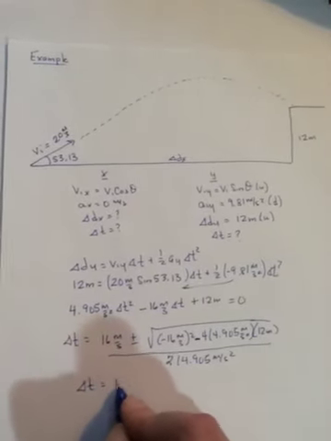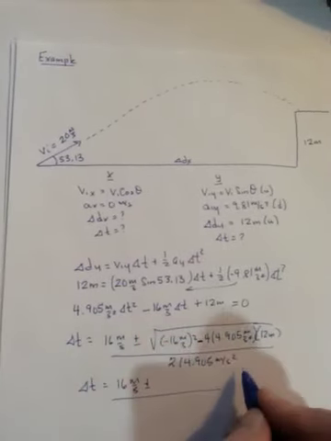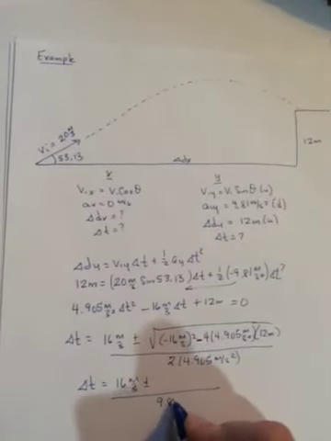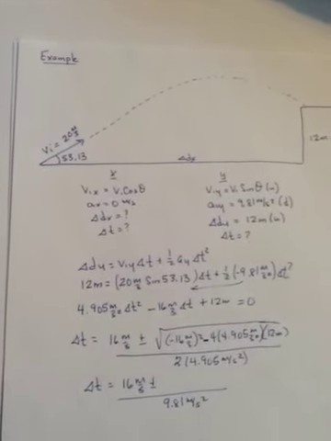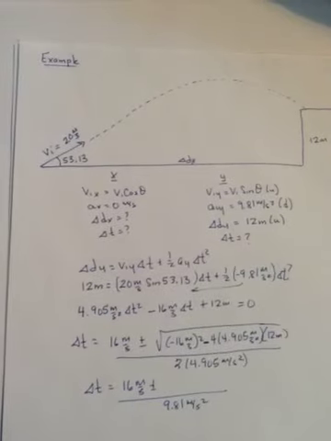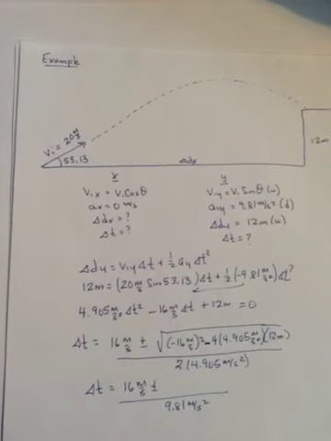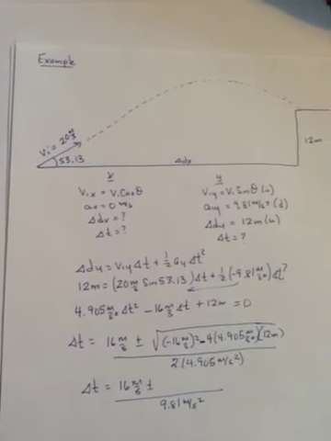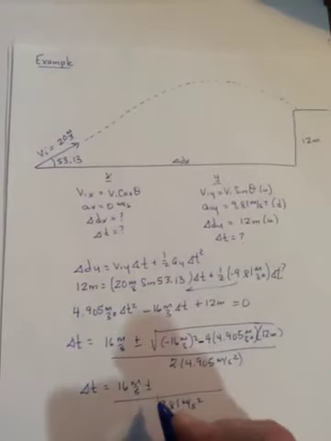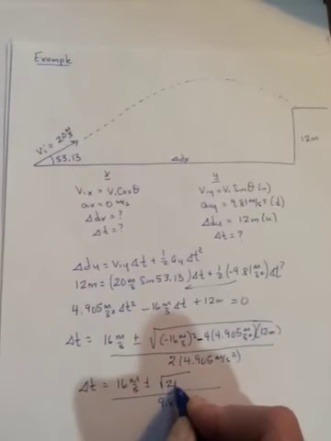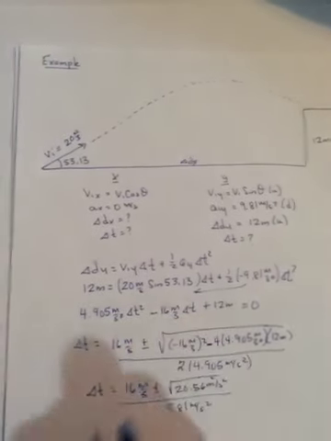So delta t equals 16 meters per second plus or minus, on the bottom 9.81, under the root 16 squared minus brackets 4 times 4.905 times 12. So under the root you end up with 20.56 meters squared per second squared.